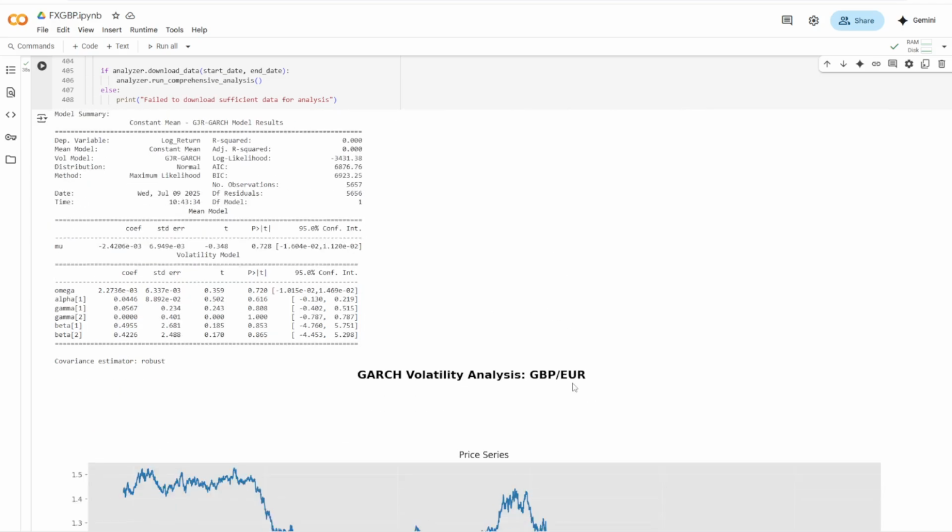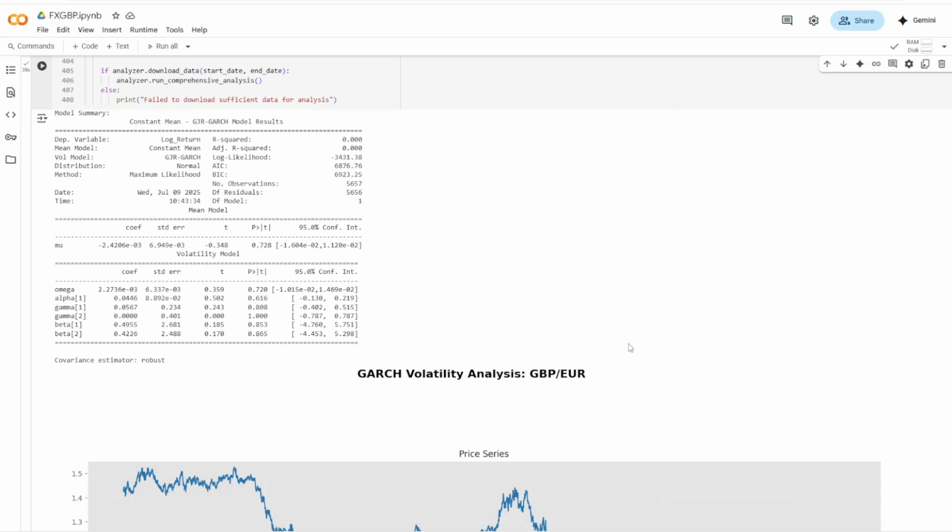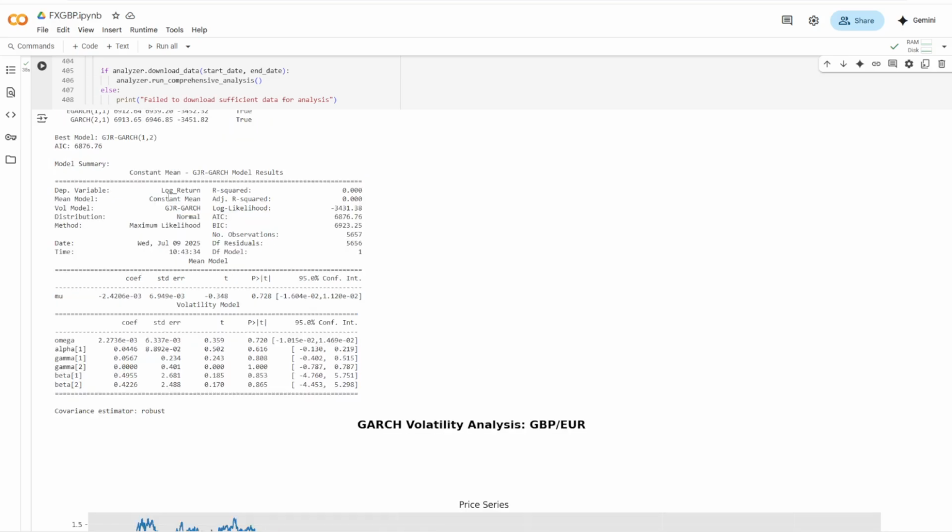So that's very useful, because we know, especially with this GJR-GARCH model, I will read out to you the Glosten-Jagannathan-Runkle GARCH model.